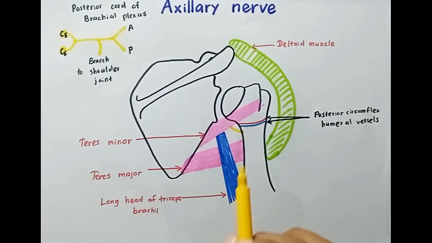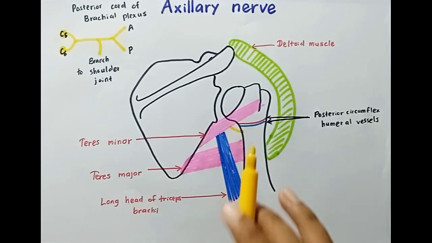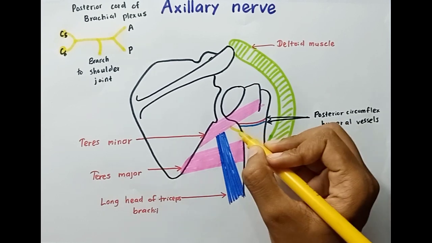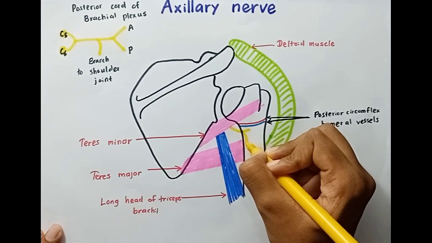After passing through this quadrangular space, the axillary nerve divides into two branches, anterior and posterior.